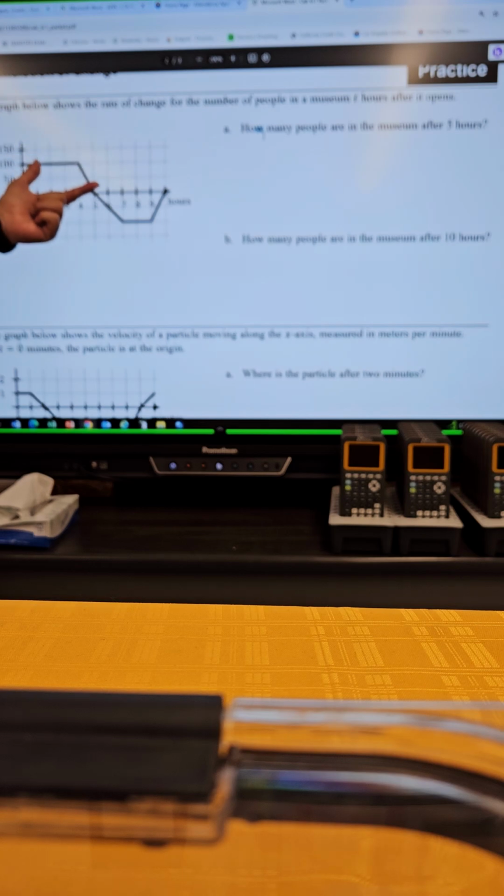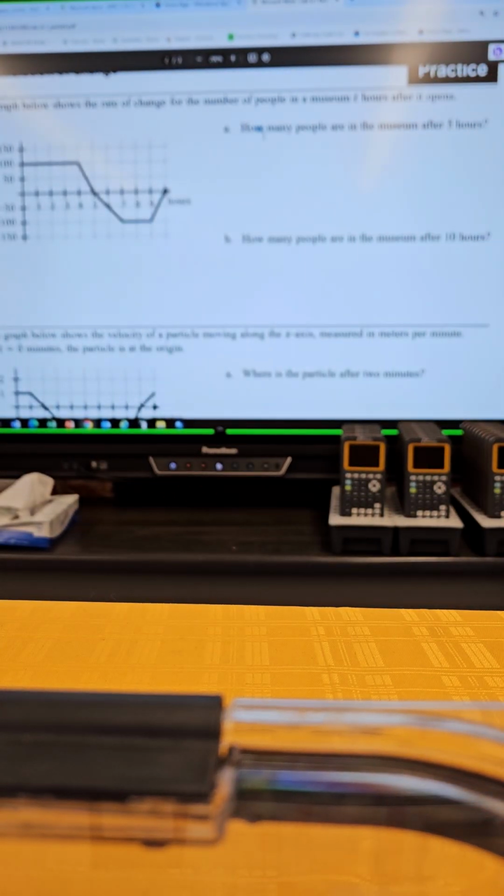But that means trapezoid, right? The figure on top is trapezoid. What about the bottom? It's also trapezoid. So can you do trapezoid now?